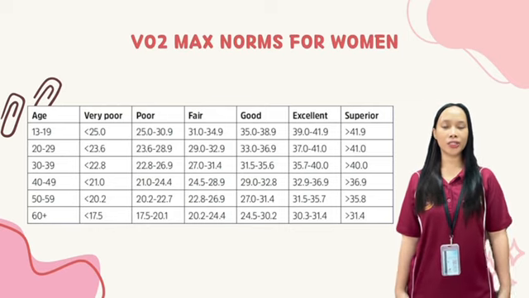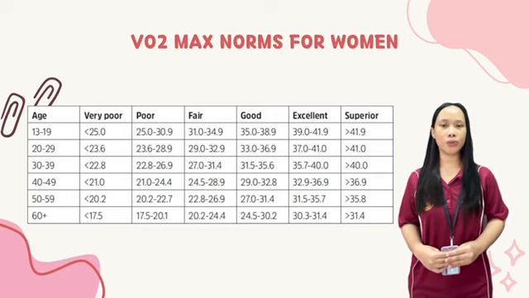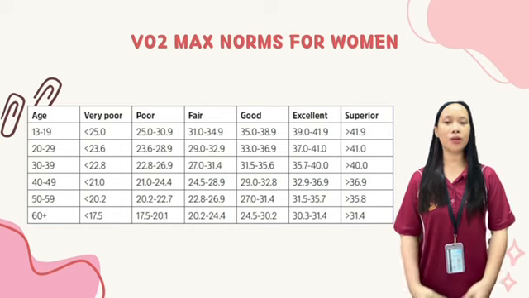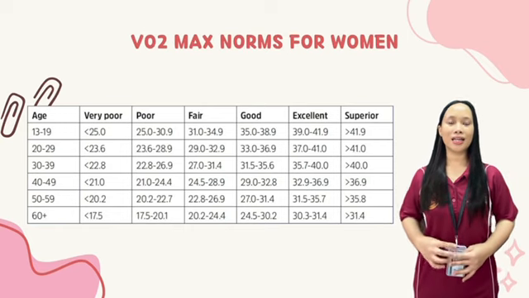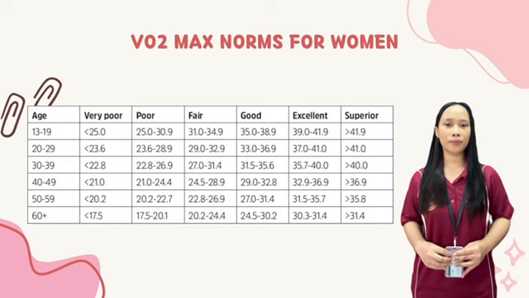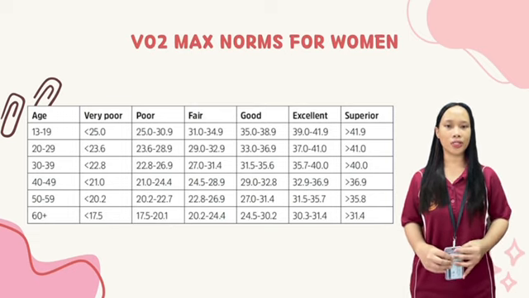For young women aged 13 until 19, a very poor score is below 25 and a superior score is above 42. As age increases, the numbers get lower because our fitness naturally decreases with age.